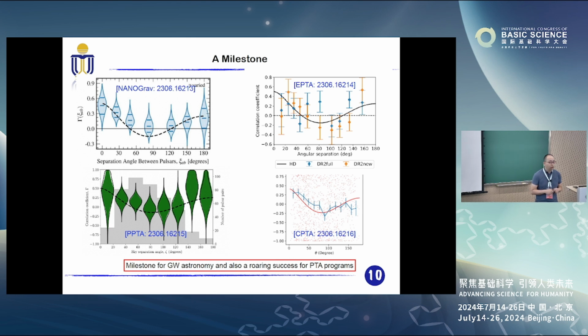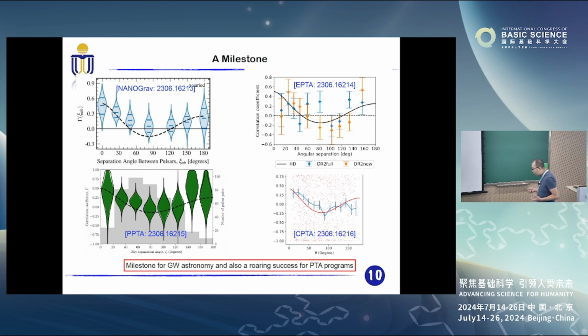And about 1 year ago, the four leading PTA collaborations reported their progress in the measurement of the Hellings-Downs curve. And from these four plots, we can see a consistency between their data and the Hellings-Downs curve.